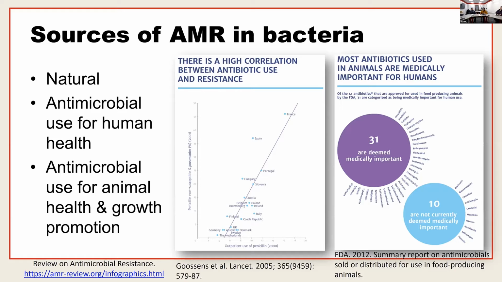On the right side of this figure, can you see my cursor? Yeah. Okay. So this is a chart, with a small font size. The x-axis is the amount of outpatient use of penicillin among different member states in Europe.